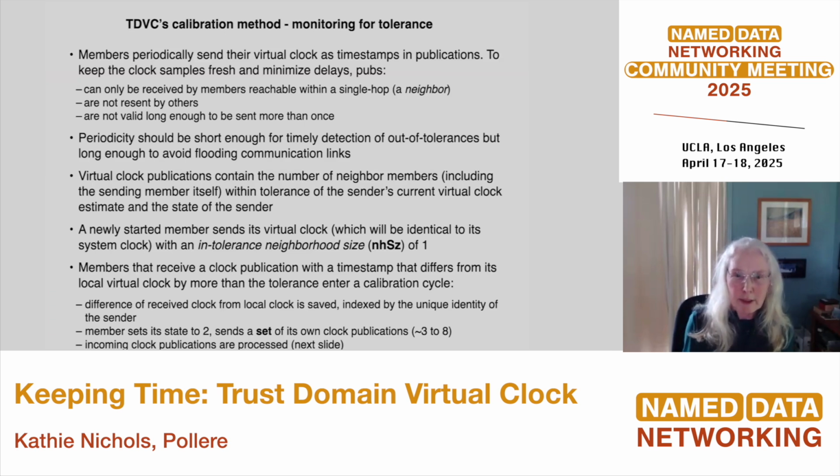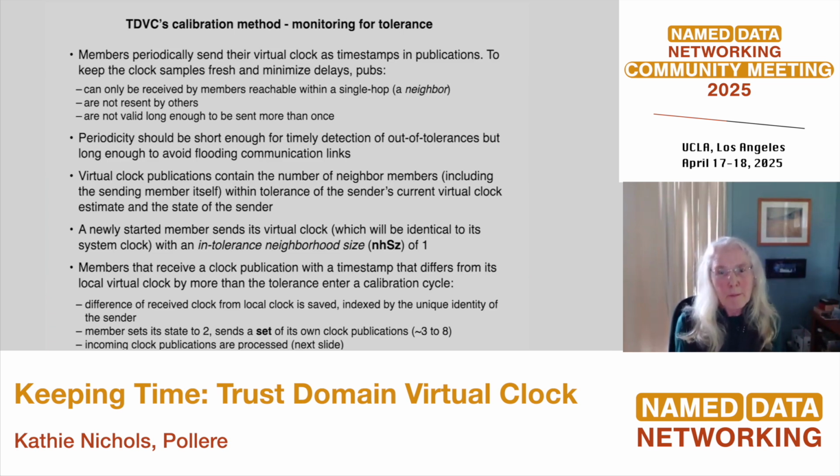And then there's a state. A newly started member sends out its virtual clock, which at that point is identical to its system clock. And it will say, I have an in-tolerance neighborhood of 1, which is just me. I'm in tolerance with myself.